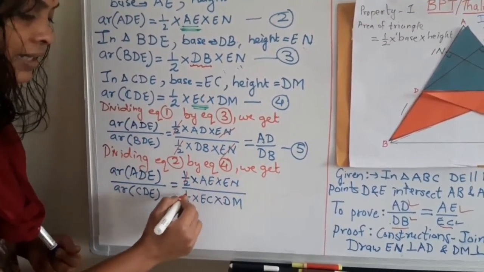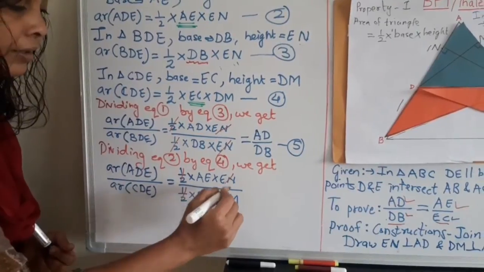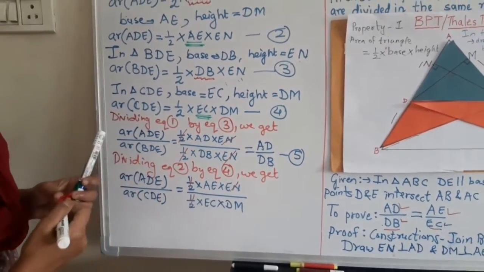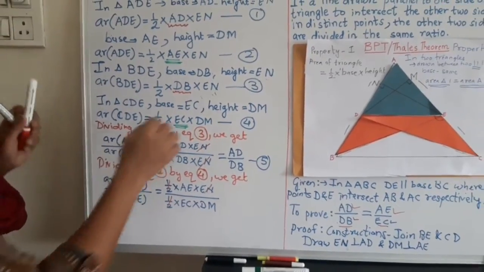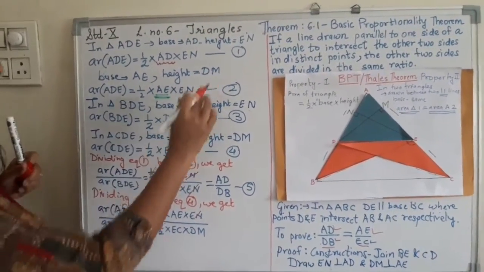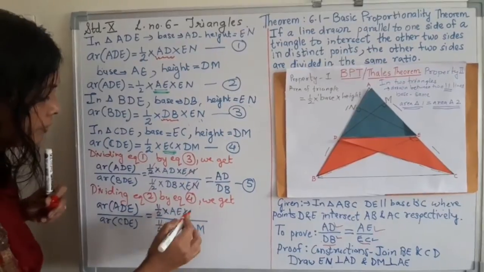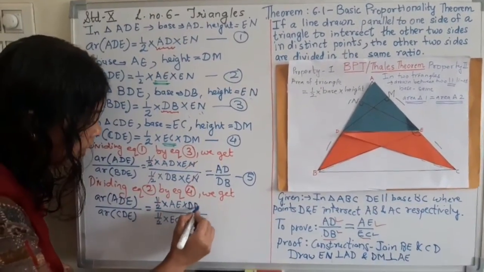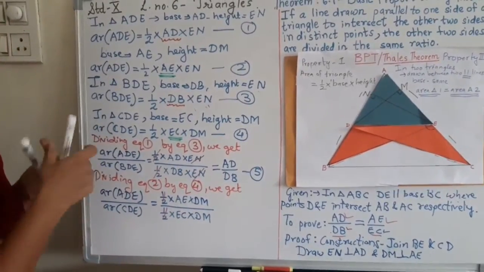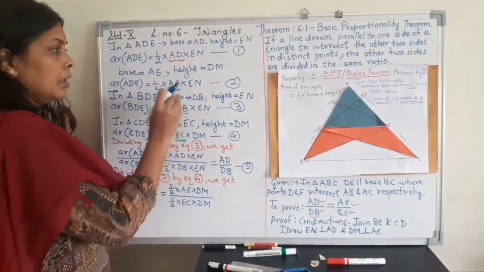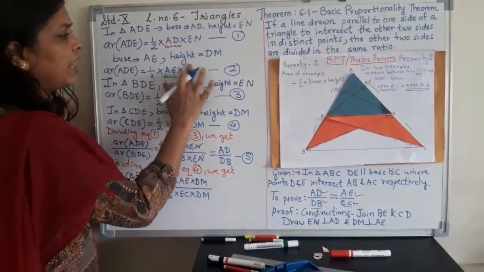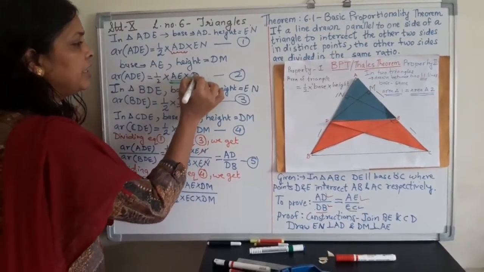So now again cancel the same from numerator and denominator. See, it's not the second equation. Here we have DM. Sorry. Yes, the second equation height is DM. By mistake I have written EN, it's DM.